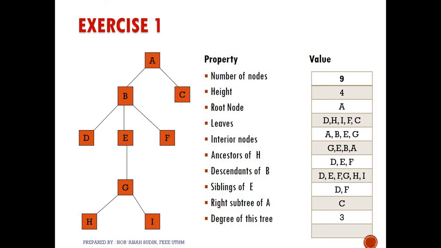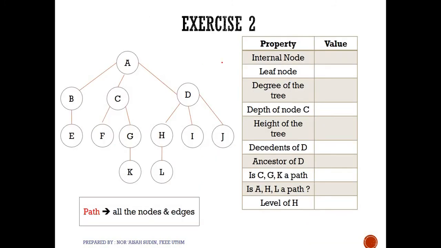Okay, let me do the second one. I have this kind of tree, and this is the property. You need to find the internal nodes. What is the internal node for this tree?